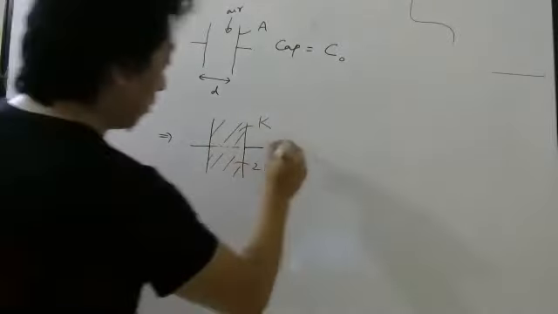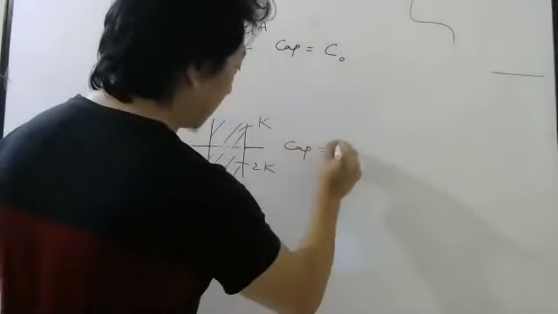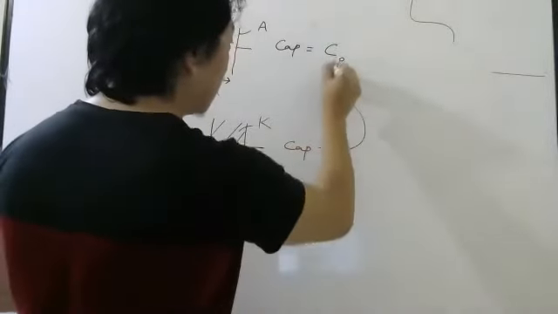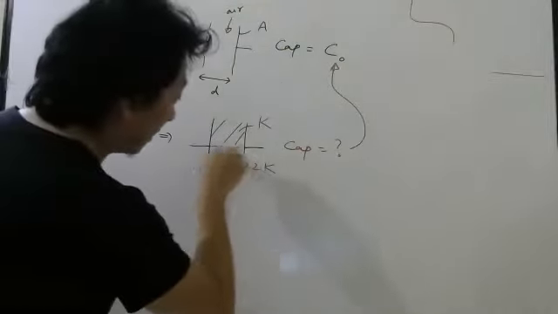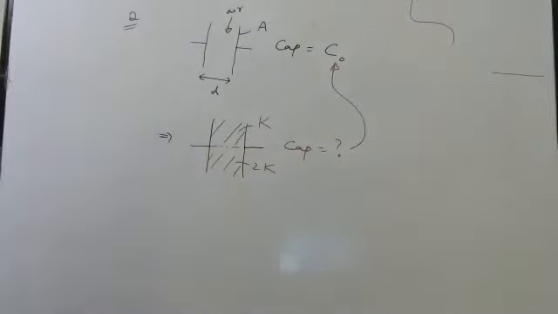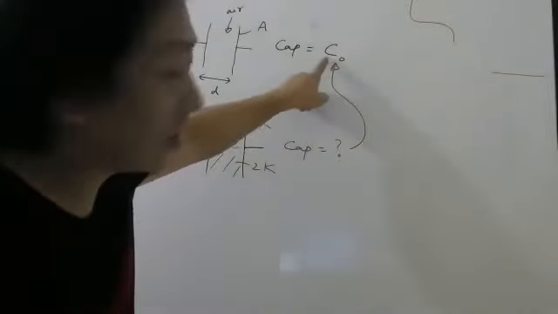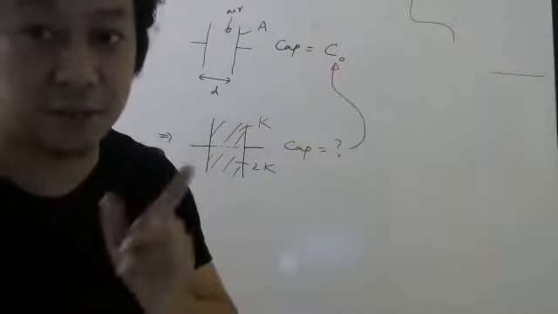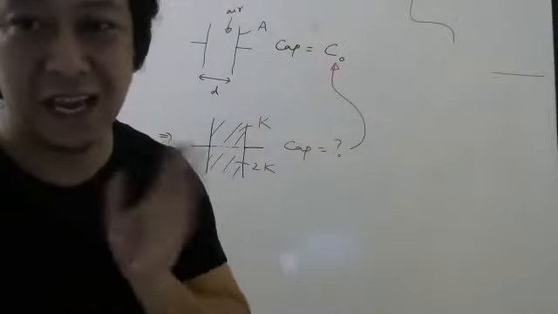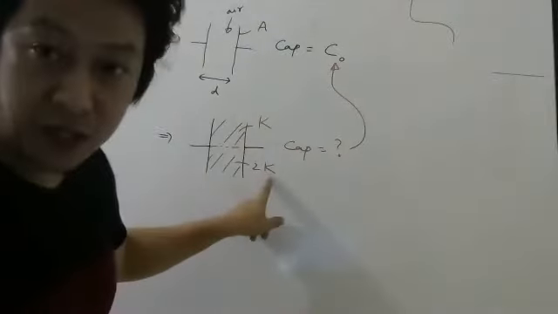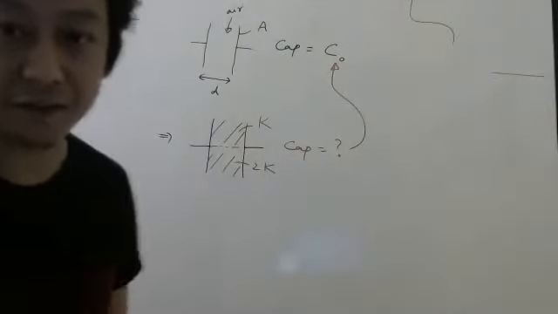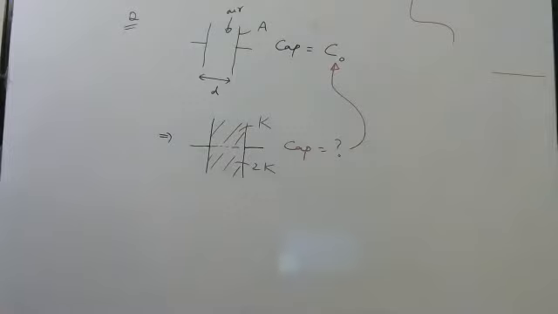You have to tell me what will be the capacitance of this, and the answer should be in terms of C naught. Chalo, try everyone. This is exactly in the middle. You cannot tell me the answer in terms of D and A. In terms of C naught you have to tell. Of course, K will also be there in the answer. So try everyone.